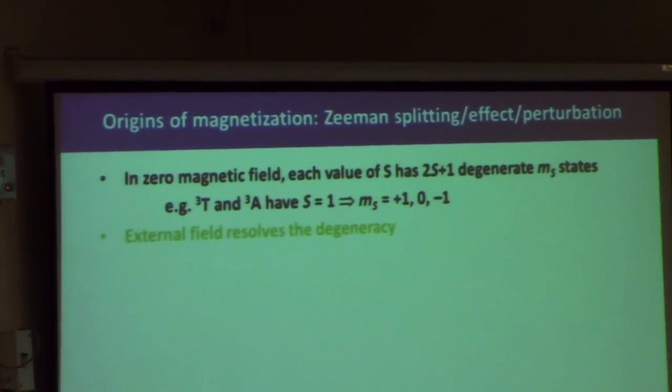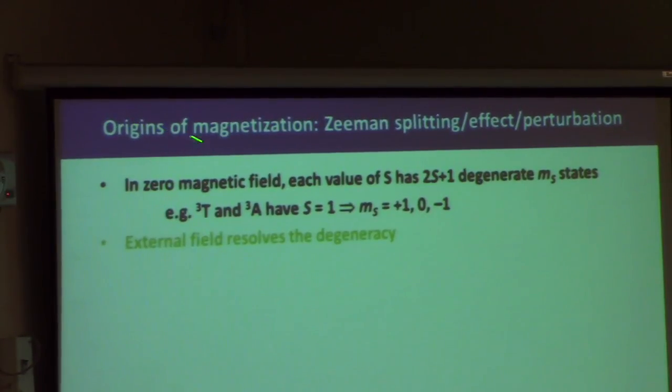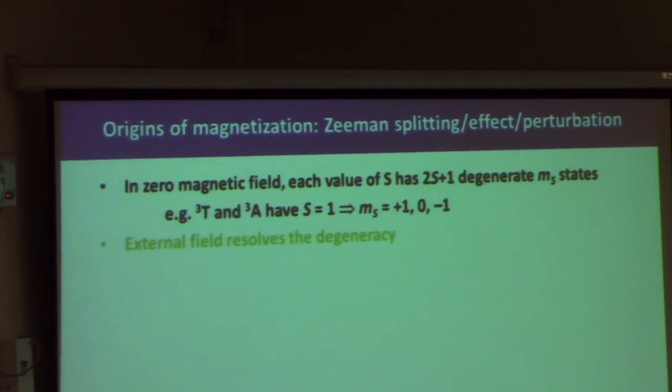But if we take a situation when we're talking about the origins of magnetization, and the graphs I've just shown you in the previous slide, in a magnetic field of 0, a particular value of S has 2S plus 1 degenerate ms states. Okay, this is the spin multiplicity that we've already talked about.